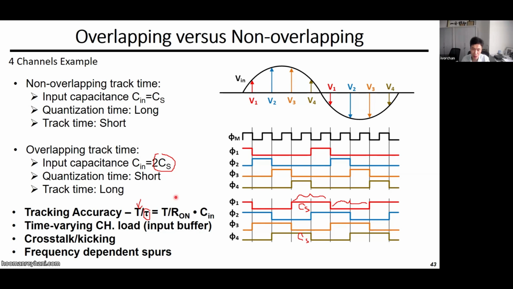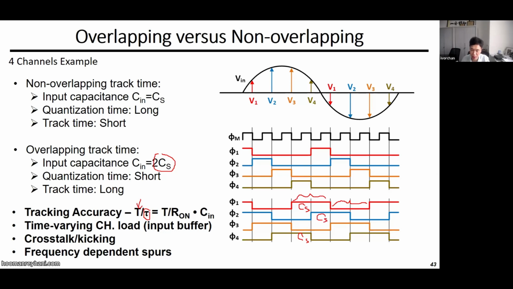The other problem of the overlapping is the time-varying channel node. As in the example we saw before, during the initial tracking of channel 1, you will see the channel 4 sampling capacitance. At the end of the tracking of channel 1, you will see another sampling capacitance, which is from channel 2.